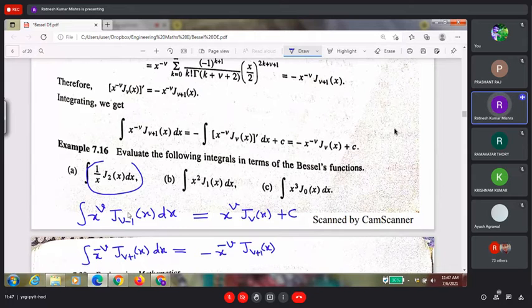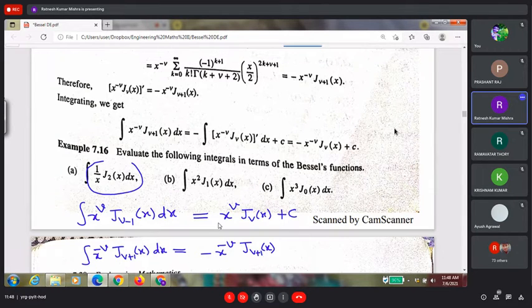So using these two results, we have to evaluate a, b and c. This is very easy. Substitute v equal to 1 in this one. So x to the power minus 1, that is 1 by x, J2 of x dx.